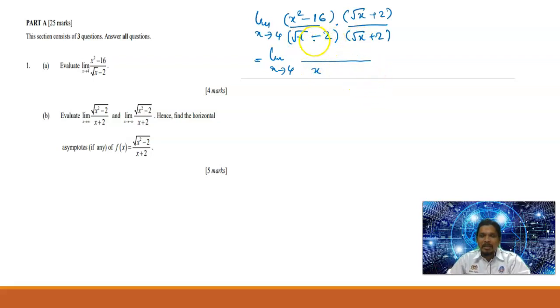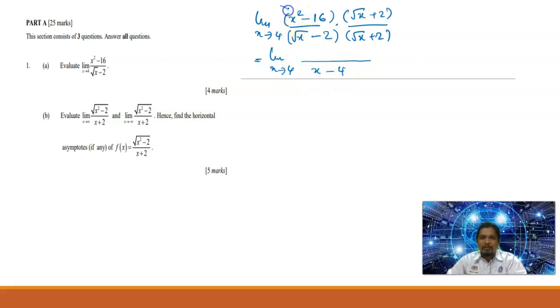Because this is a conjugate, square root of x plus 2 is a conjugate of square root of x minus 2. So it means that square root of x multiplied with positive 2 and negative 2 times square root of x, it clearly is 0. Then negative 2 times positive 2 gives you negative 4. Okay, so the denominator right now, we have x minus 4.